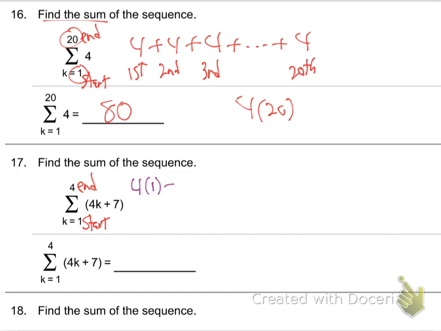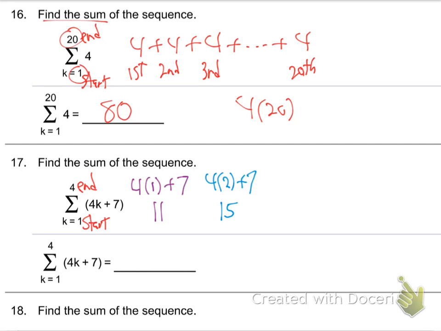So if I plug in 1, it's 11 for the first term. Plug in 2, get 15. Everybody see what I'm doing?